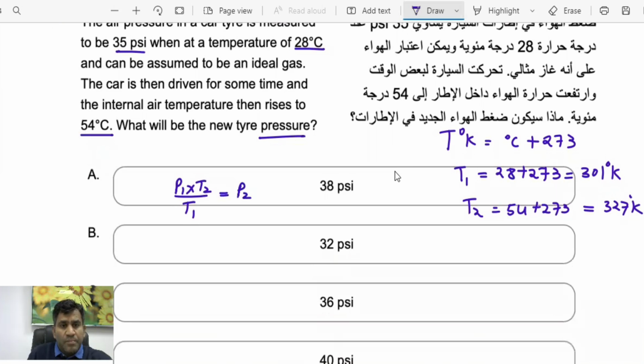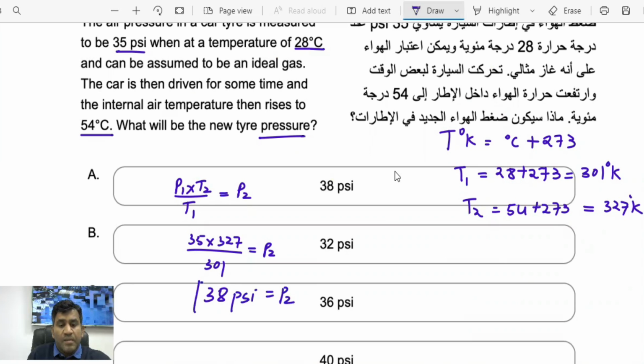Substitute their values. P1 is 35, T2 is 327, divided by 301, that gives us P2. If you put this in your calculator, you'll end up with 38, and the unit of pressure we write here is PSI. That's P2.